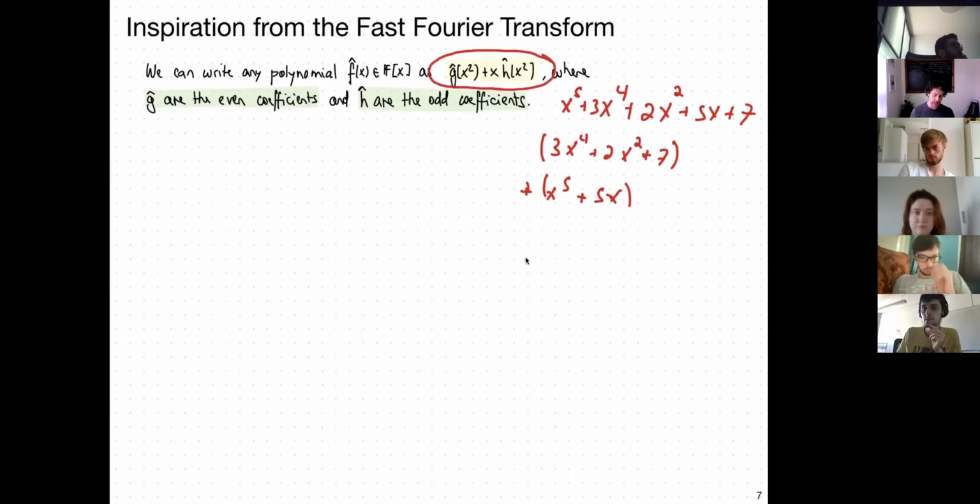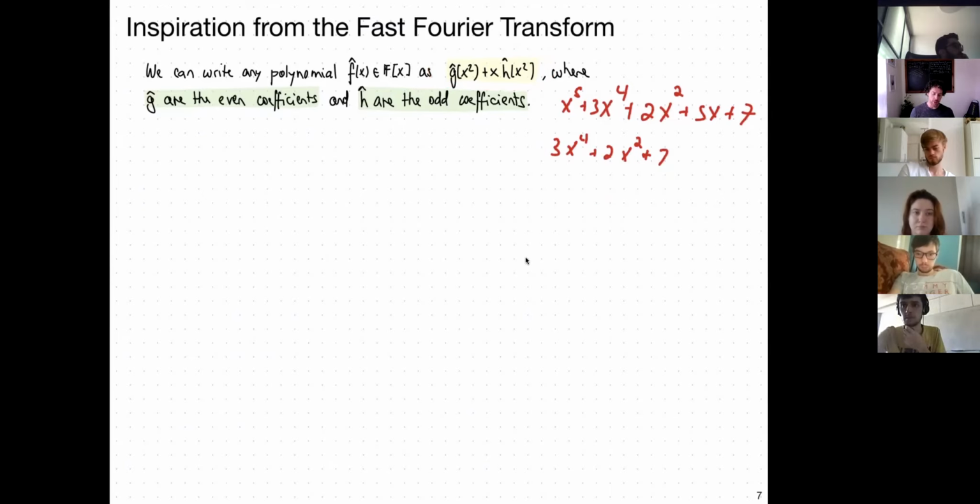All we did here is partition a polynomial into an odd part and an even part.